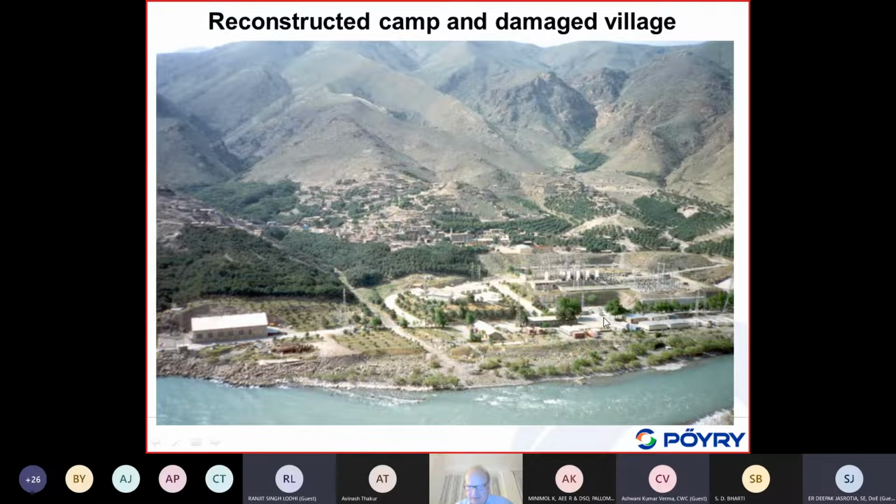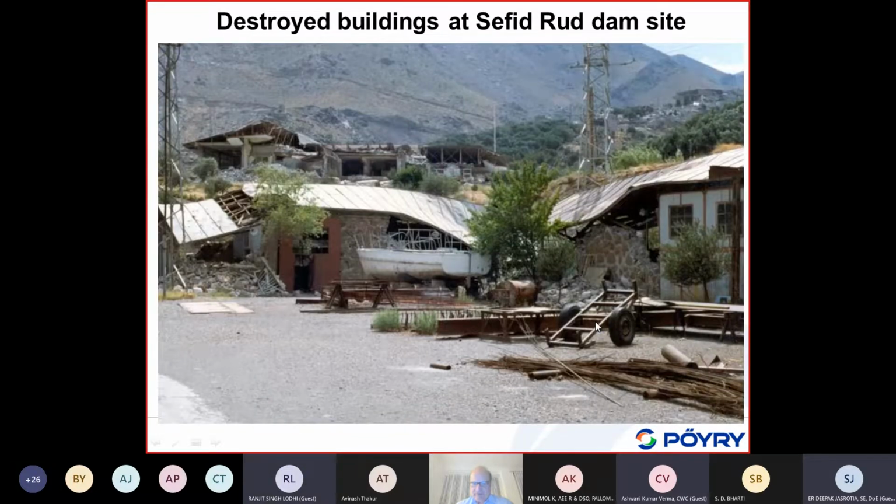When we were there, because most buildings were damaged, we were staying in some containers. You see, this is how it looked at the dam site. The buildings belonging to this dam, basically all these warehouses and office buildings, were destroyed, and here's some village of people working on the dam site. Most of the people actually were living there. They were killed, basically.